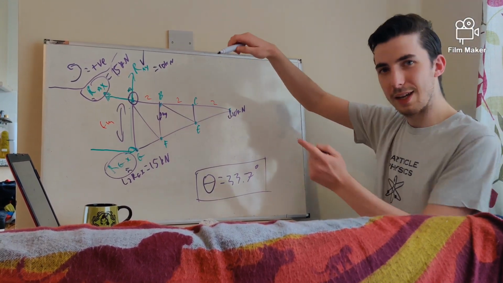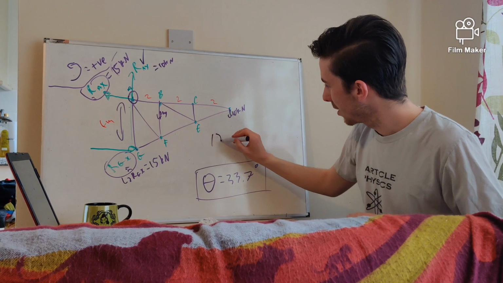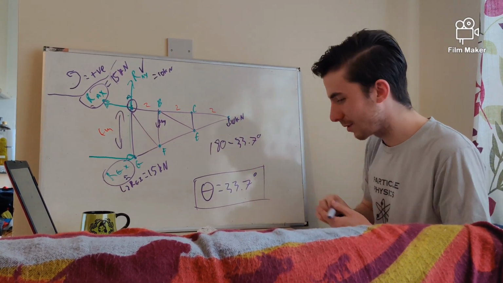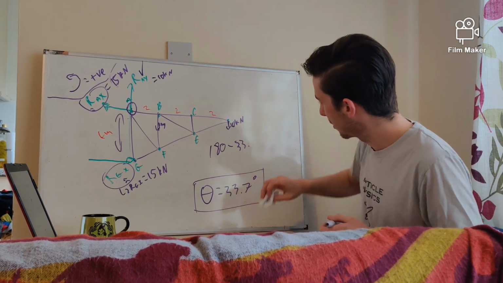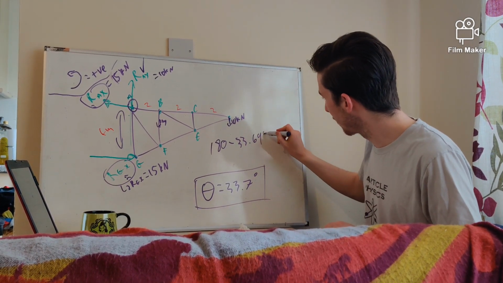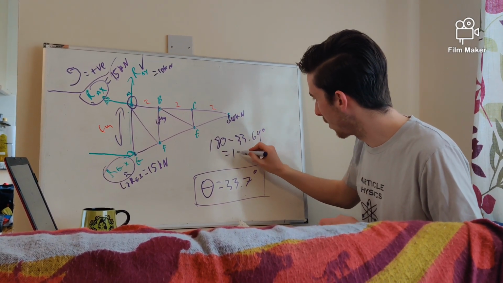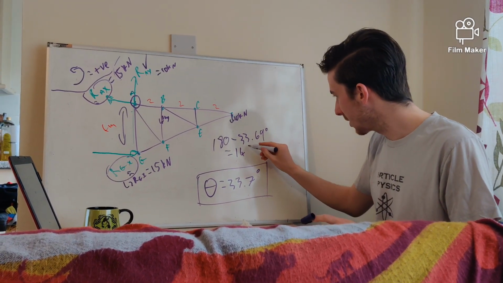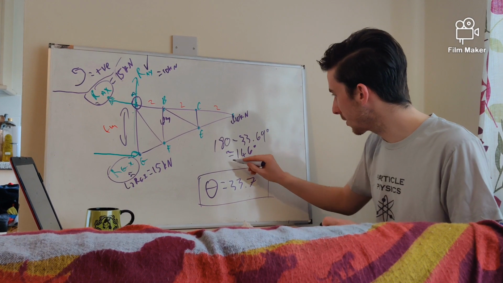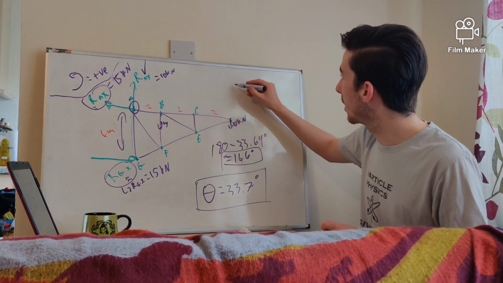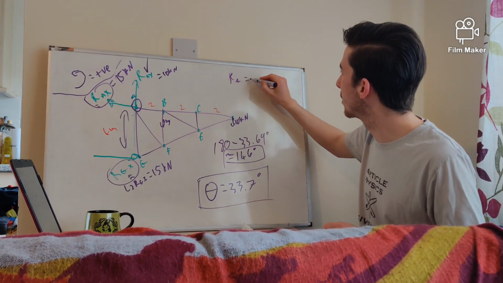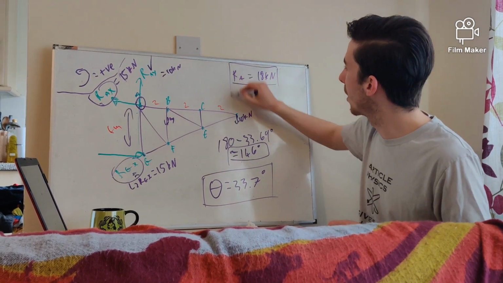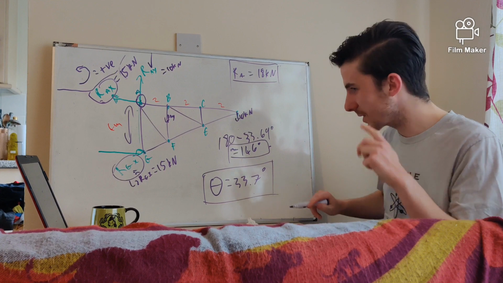And RA is 180 minus 33.7, actually no, 33.69 for the lols, which is 146-ish degrees. And I rubbed it off because I thought that's what I would do. Kilonewtons. So we've got that and that.